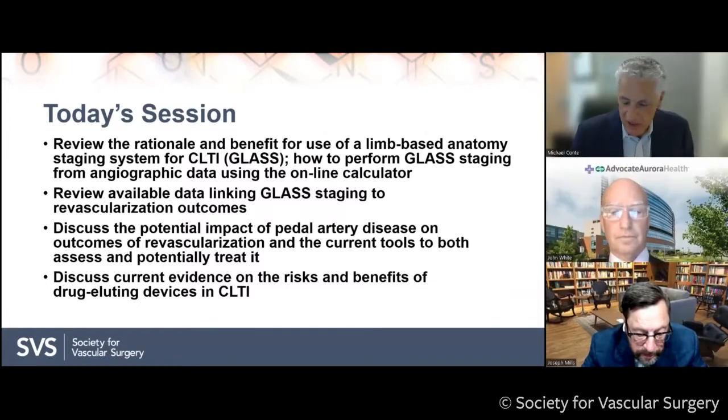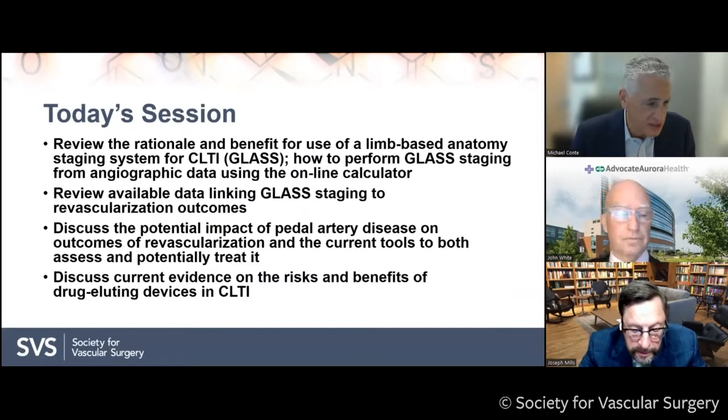We'll review the rationale and the benefit of using a limb-based staging system, which is the GLASS, and how to use the online calculator. We'll review the available data linking the staging system to the outcomes of revascularization. And we'll discuss the potential impact of pedal artery disease, as well as drug-eluting devices as they relate to the current treatment of our patients with CLTI.